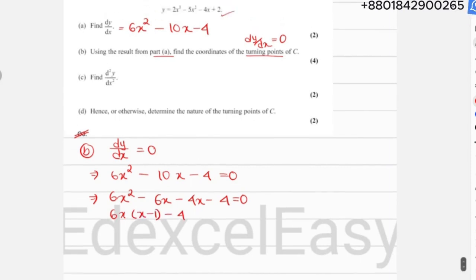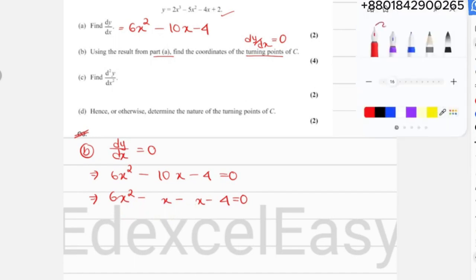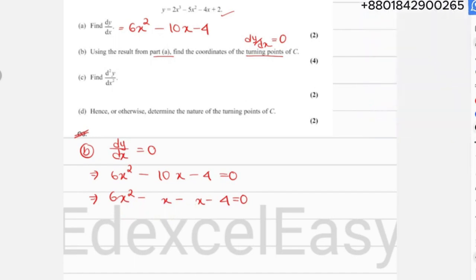Wait 1 minute. 6 minus 10 minus 4, 2 and 1 by 3. Okay, then I think you are supposed to split this using 12 and 2.